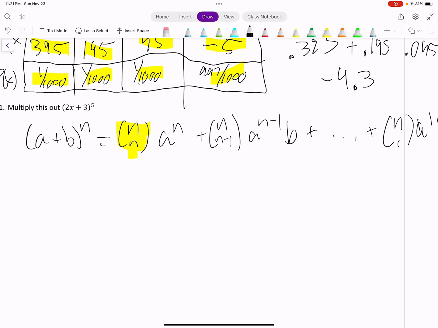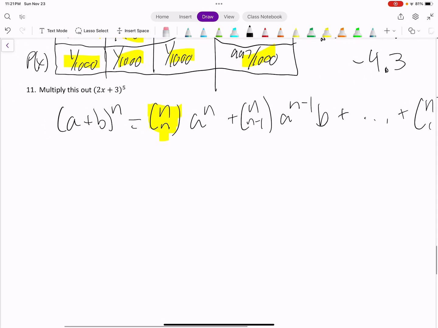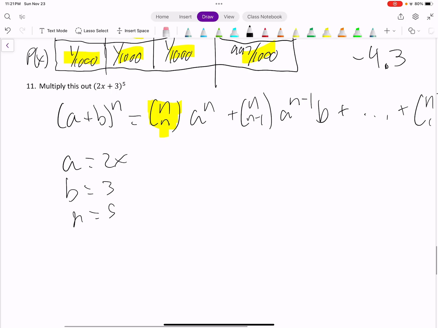So let's do this. A is going to be 2x, and then b is going to be 3, and n is 5. So let's write out this formula.